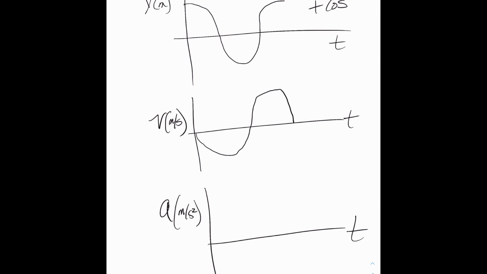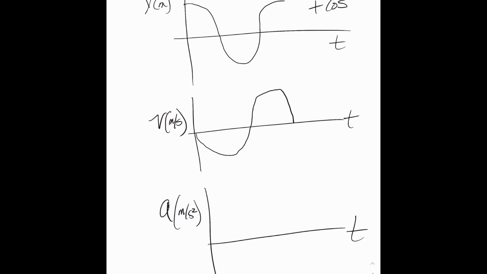If that was the case, then velocity would be a positive cosine wave, and my acceleration would be a negative sine wave.